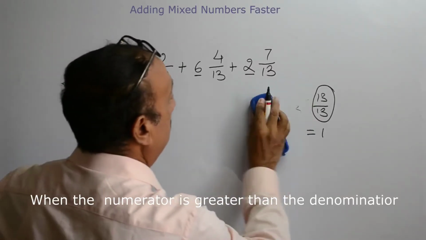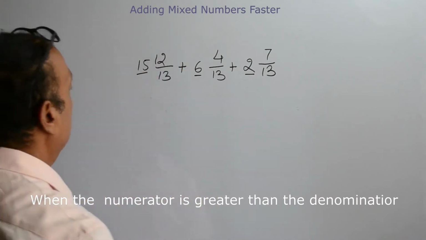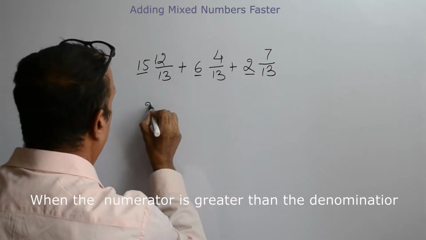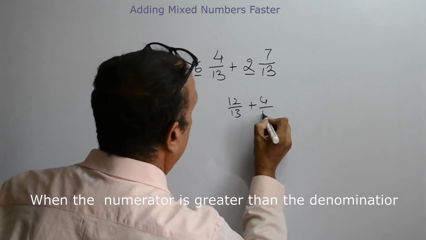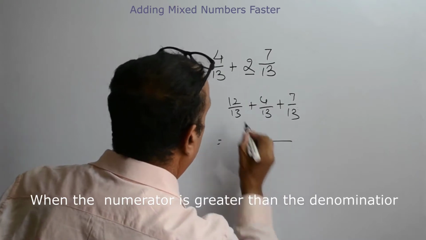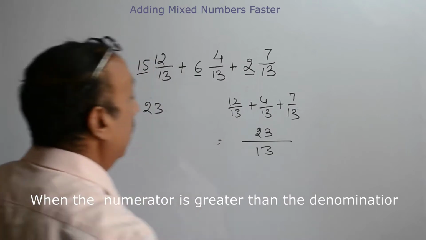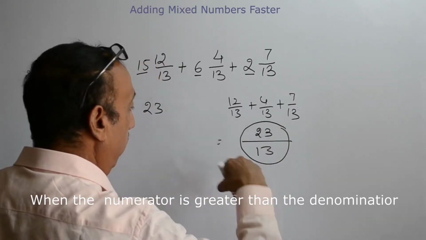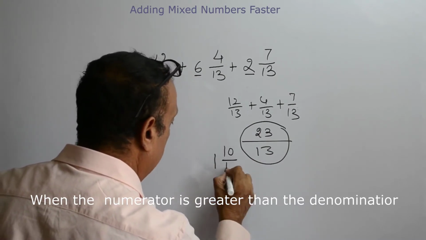Now suppose here we have 12 upon 13. Again 15 plus 6 is 21, and 2 is 23. Now 12 upon 13 plus 4 upon 13 plus 7 upon 13 gives us 16 and 7, 23 upon 13. Now we will convert this number into a mixed number: one whole number 10 upon 13.